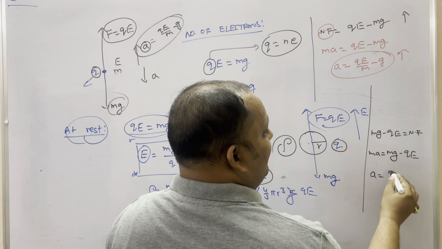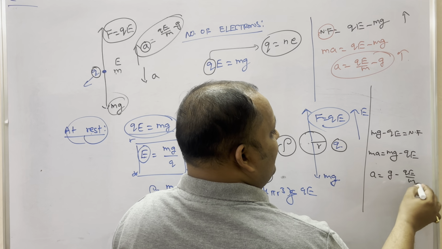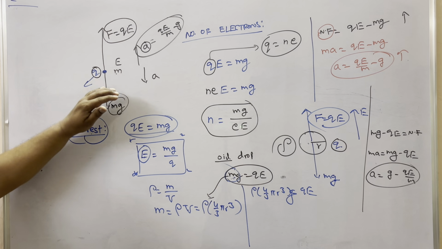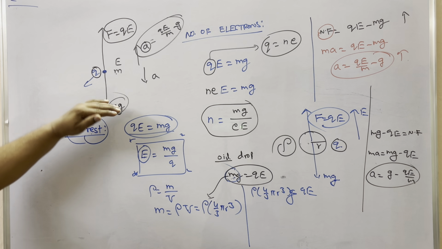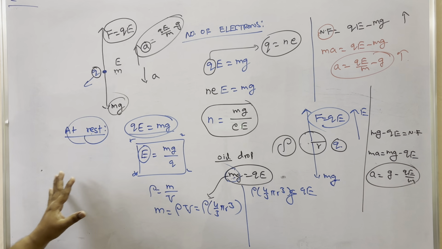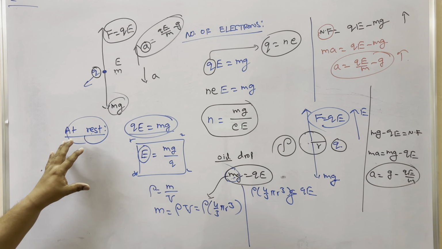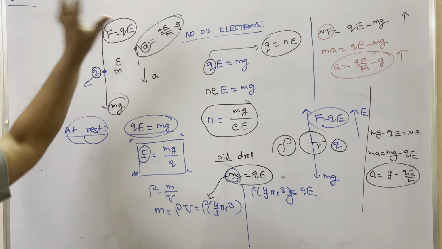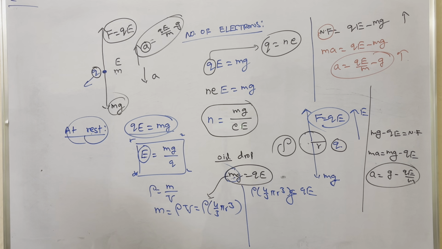Then a is equal to g minus QE by m. So like this we take it if it is not at rest, moving upwards or downwards. These are some models on the F equal to QE equation. The remaining we will see in our next class.